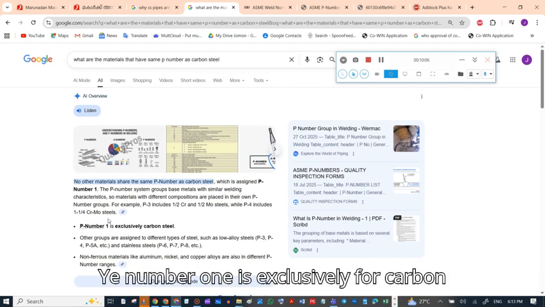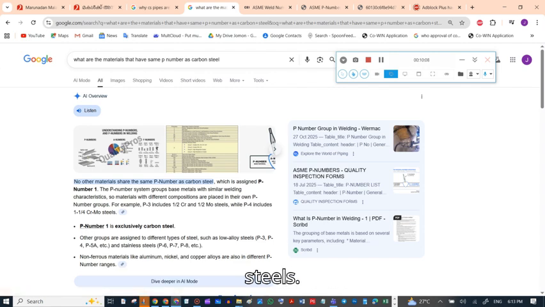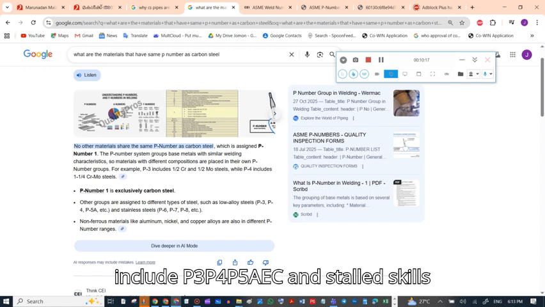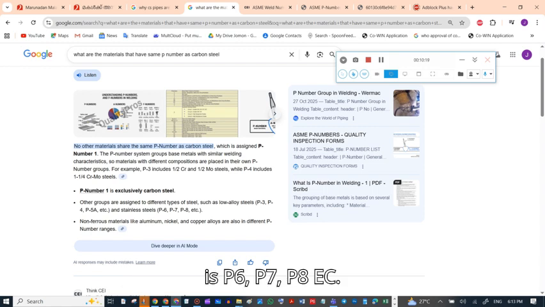P number 1 is exclusively for carbon steels. Such low alloy steels include P3, P4, P5A, etc. And the stainless steels are P6, P7, P8, etc.